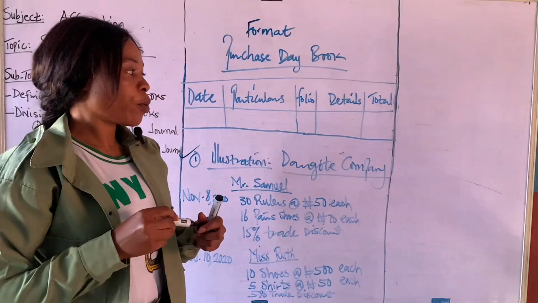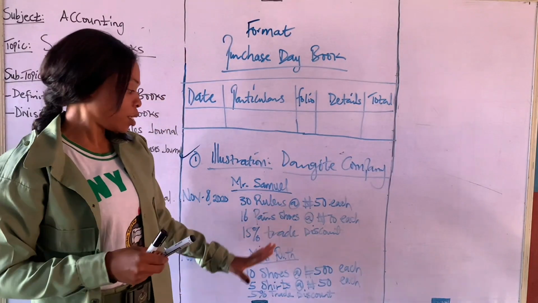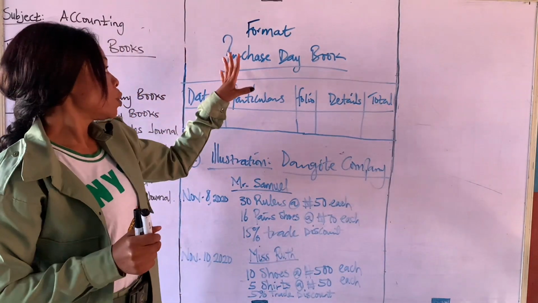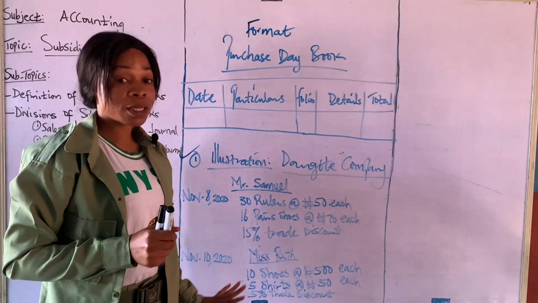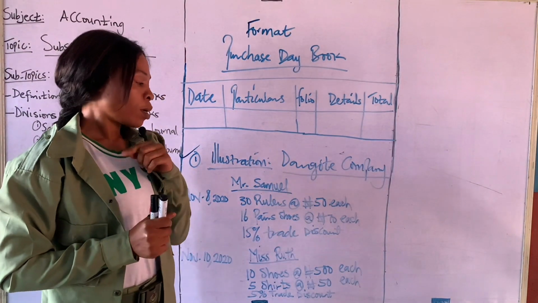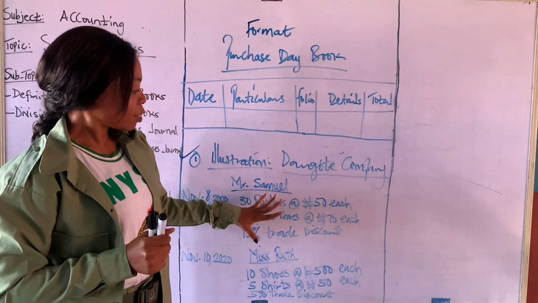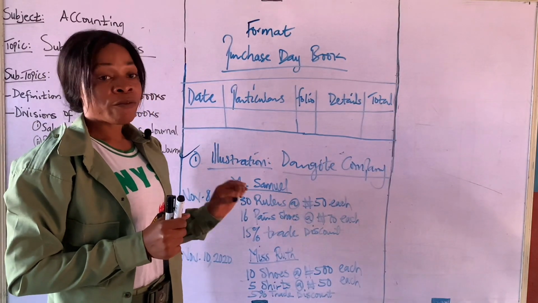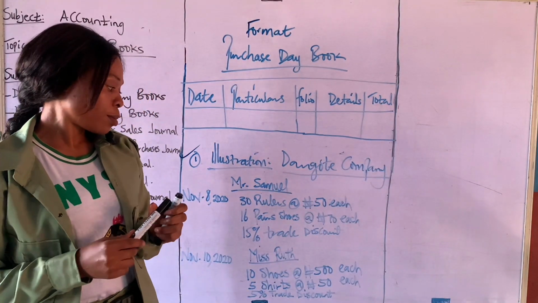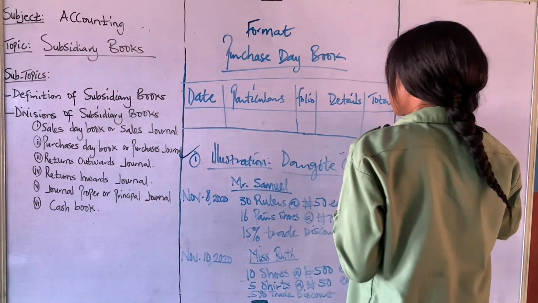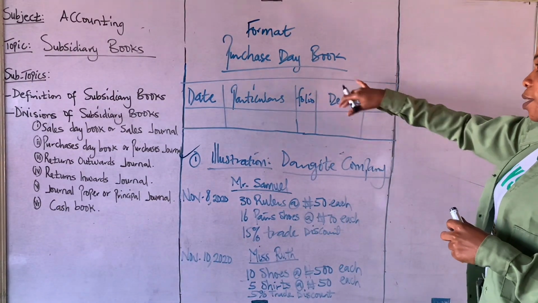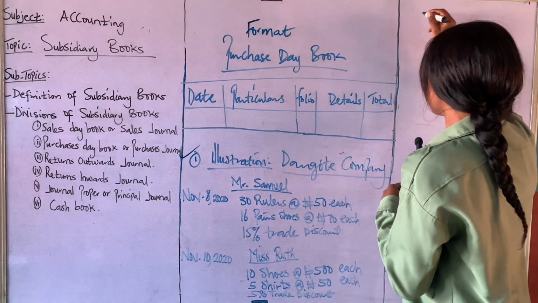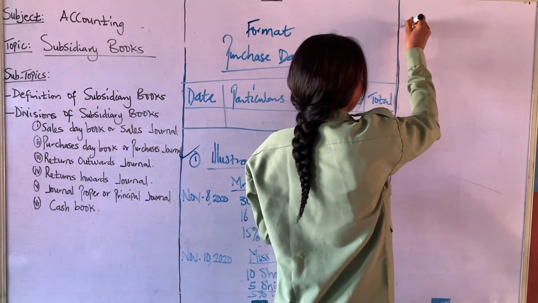All right, let's see how we can bring this into the books of account known as the subsidiary books under purchases. Remember this purchase has to do with a credit transaction. Don't forget that this transaction will be picked from the purchase invoice book. So let's see how we can post it here. Remember, this is the format for the purchase daybook. So here we have the date.